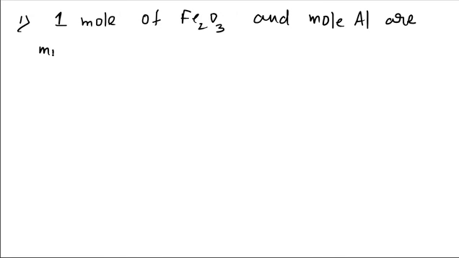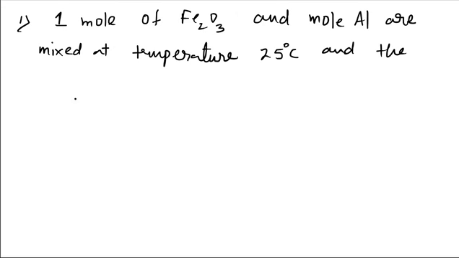1 mole of Fe2O3 and 2 mole aluminium are mixed at temperature 25 degrees centigrade, and the reaction completed to give.